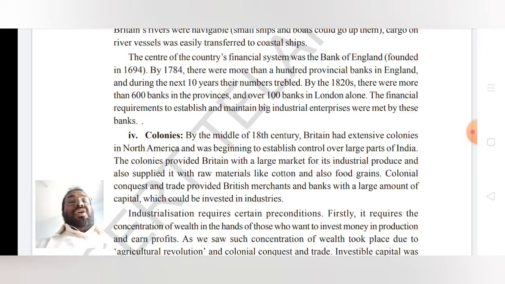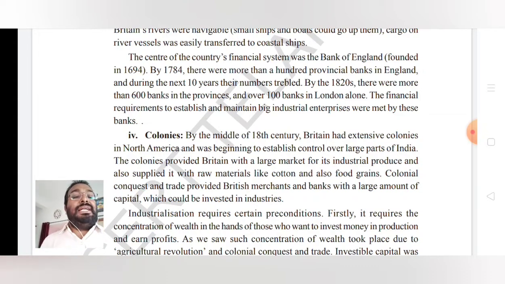And the colonies naturally provided Britain with a large market for industrial produce and also supplied it with raw materials like cotton and food grains. Colonial conquest and trade provided British merchants and banks with a large amount of capital which could be invested in industries.